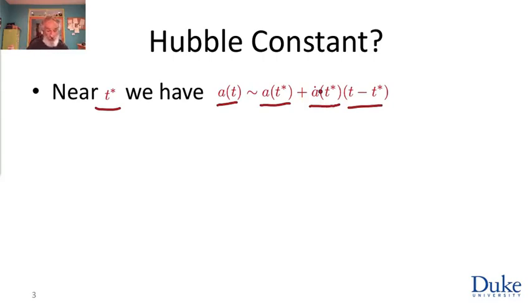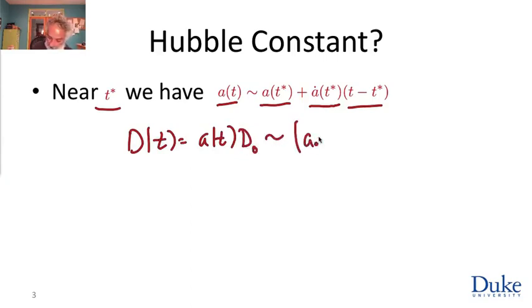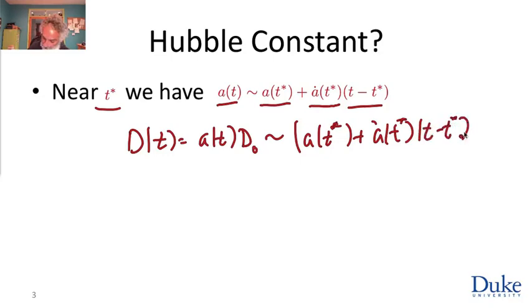Now, they plug this same idea into their expression. So they would say that for t near their time, d of t, which is a of t times d0, is approximately equal to a of t star plus a dot, the rate of change at t star, times t minus t star, all this times d0.